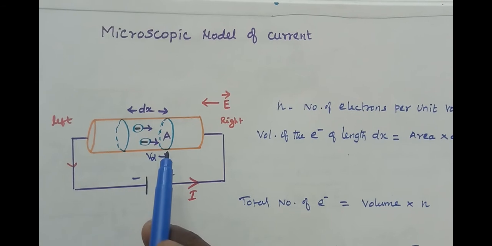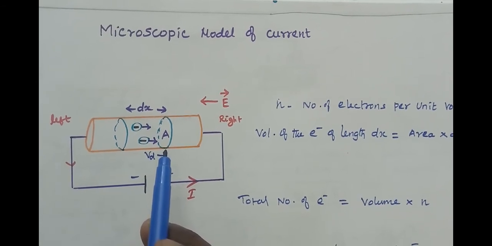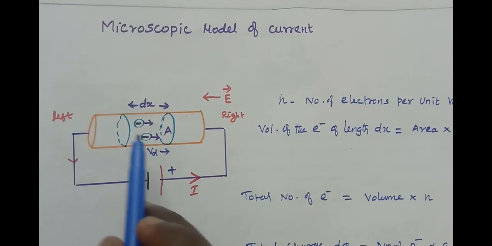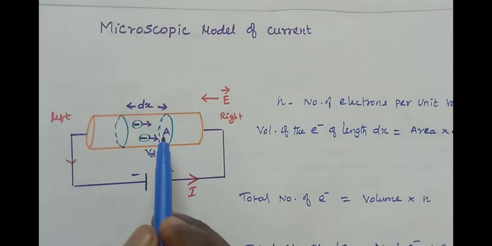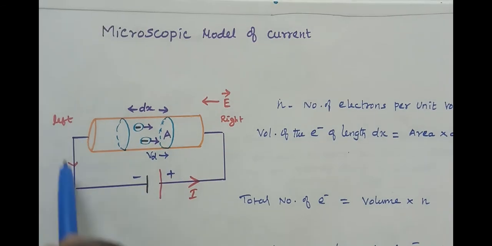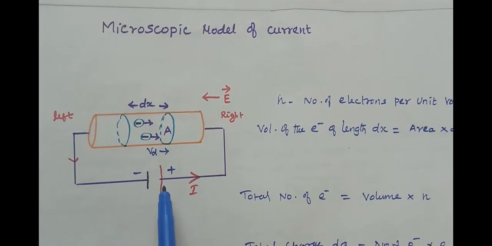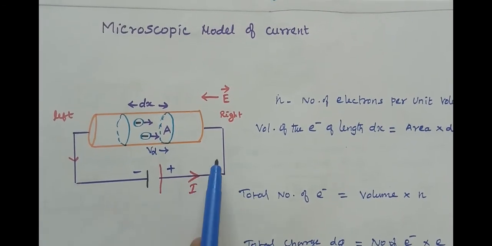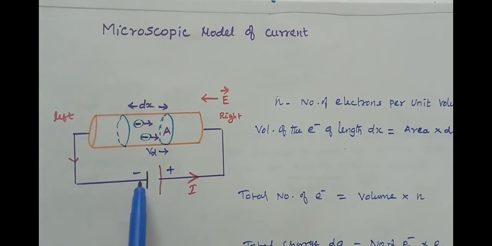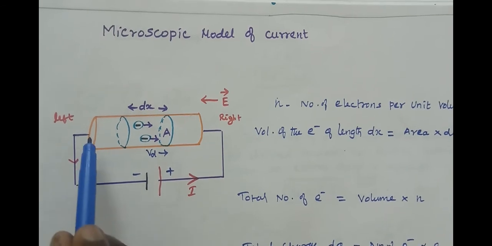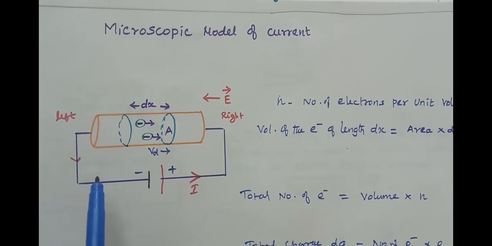Next topic, microscopic model of electric current. Let us consider a conductor with area of cross section A connected to the battery, the positive terminal of the battery at the right side and the negative terminal of the battery connected to the left side of the conductor. Are you clear, children?